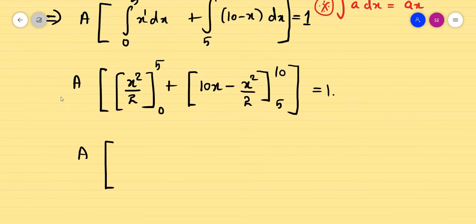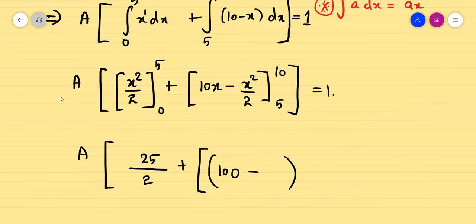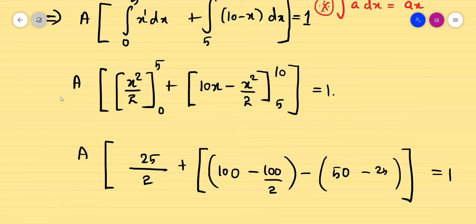Okay, let us do this. So x square by 2, if you put upper limit 5, 5 square is 25, lower limit is 0, so I don't want to put this. Now going for here, if you put upper limit, 100 minus, 10 into 10, 100, and here also x square is 100, 100 by 2. Then when you go for lower limit 5, 50, so 5 square is 25, 25 by 2.